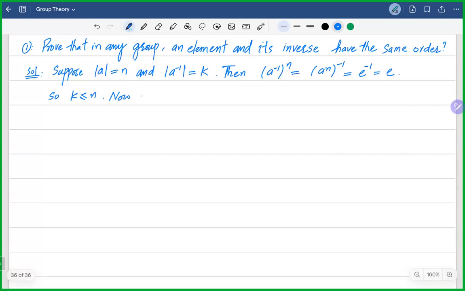Now reverse the roles of a and a inverse to obtain n is less than or equal to k.